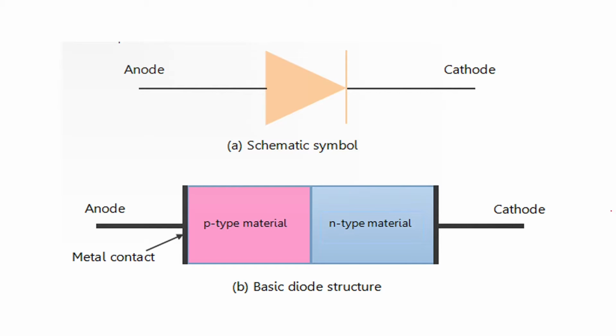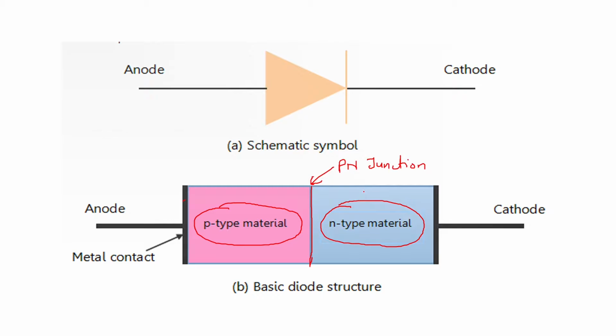Initially we'll see the first part: how a PN structure looks and what the symbol of a diode is. Here you can see we have shown a p-type material and an n-type material, and this is your PN junction.